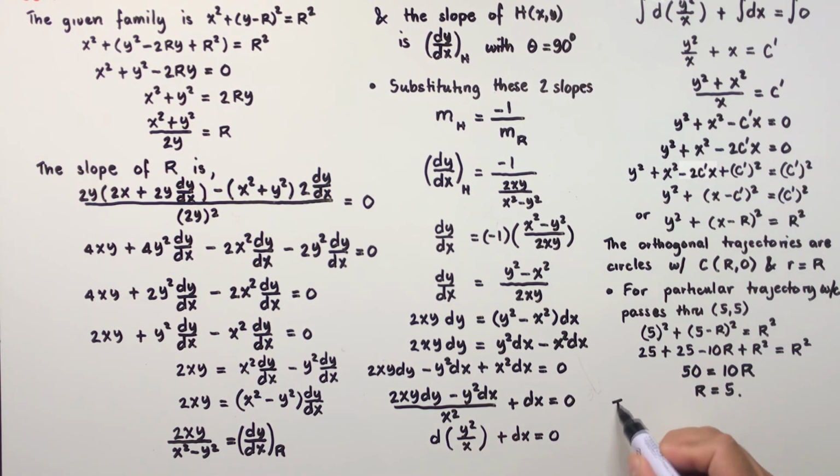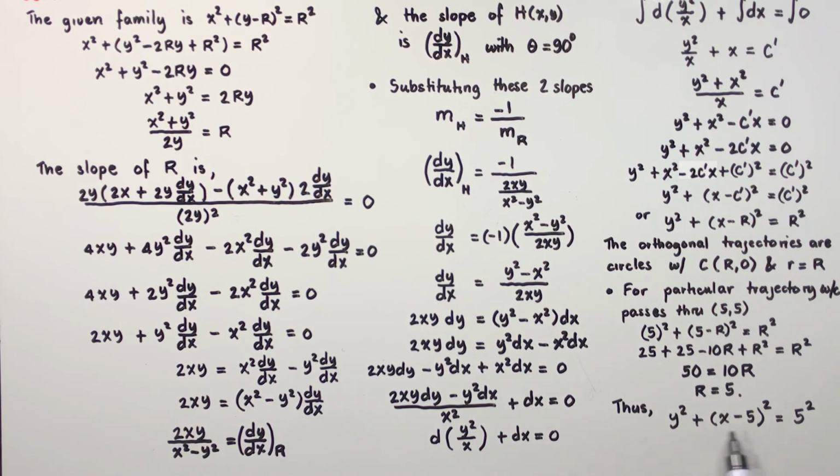Thus, our particular trajectory is having the r of 5. So we have y squared, which is added to x minus the r, which is 5, quantity squared, is equal to 5 squared, which is 25.